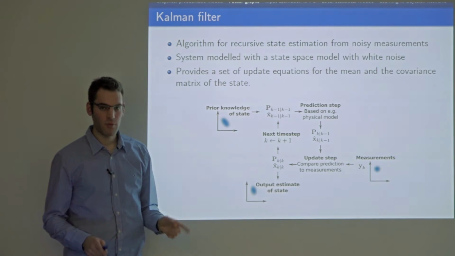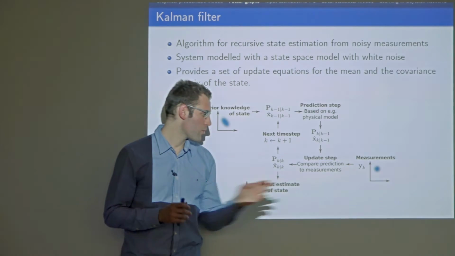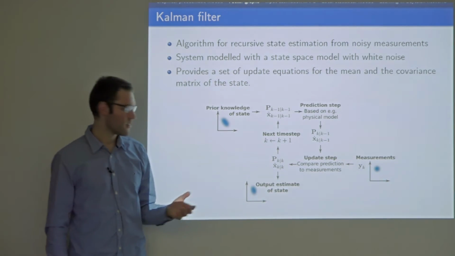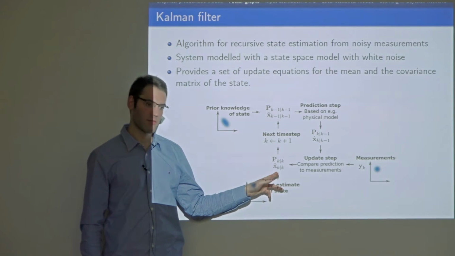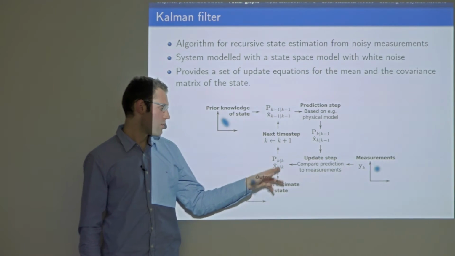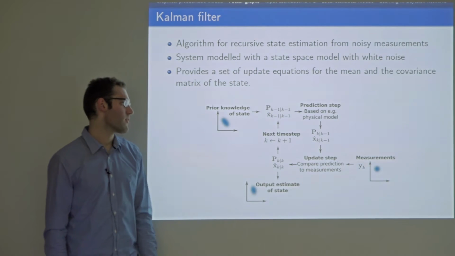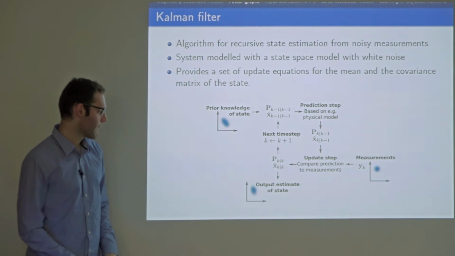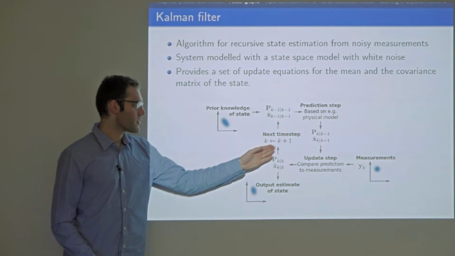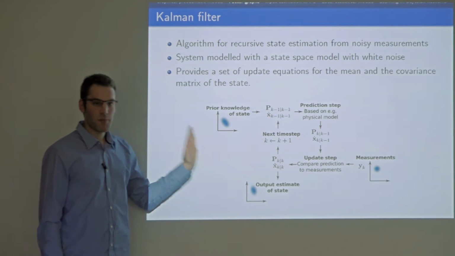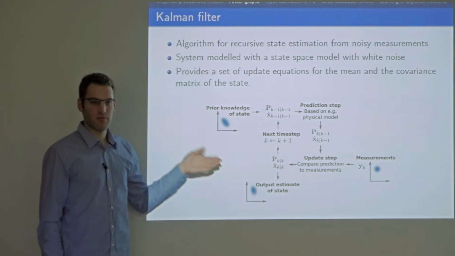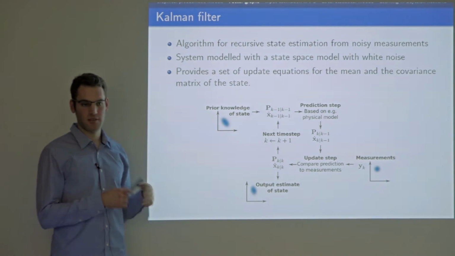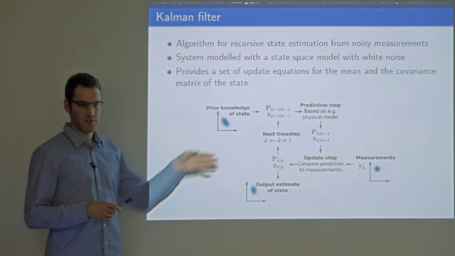Now we get an observation, namely at time point k, and we use the observation with its noise statistics to make a correction on the mean and also a correction on the covariance matrix: a prediction, then an update or correction step. Finally, what you get is a state estimate at every step. This is what I showed before with this financial time series. You estimate some internal state and you just plot it.